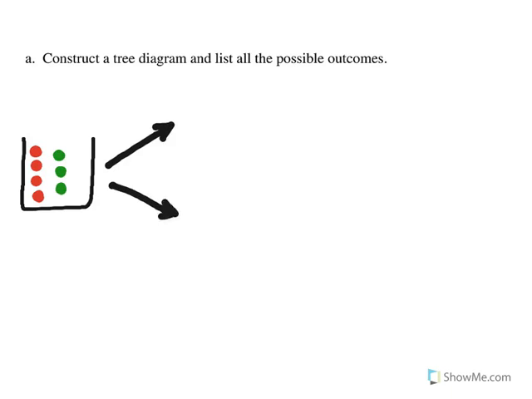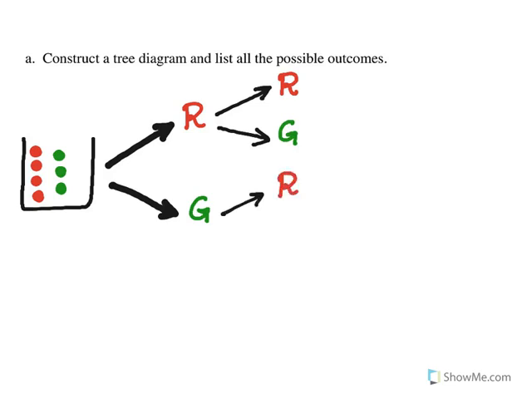I could have red or green. That is the first time you take. You either have red or green. Then for the second time you draw, you either also have a red or green. And here also a red or a green.